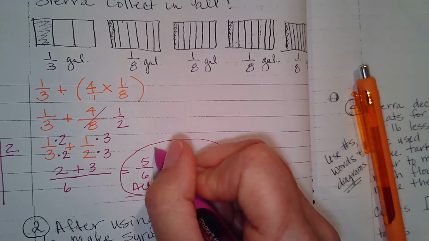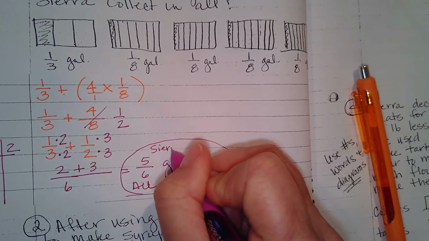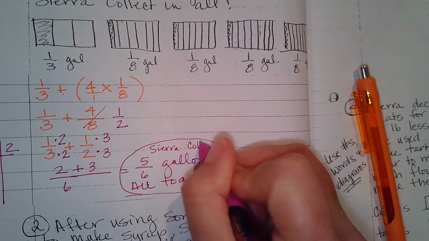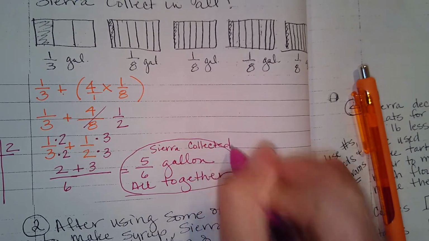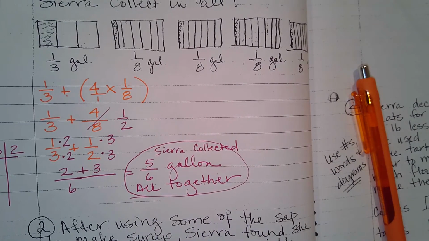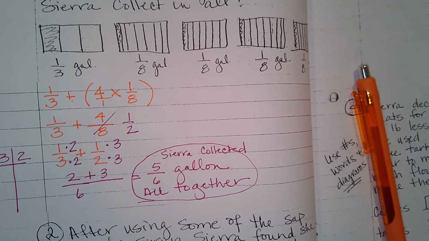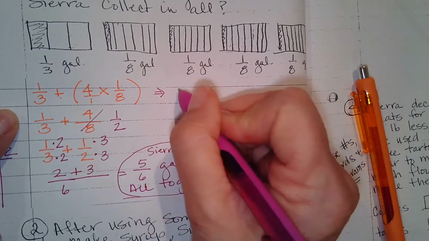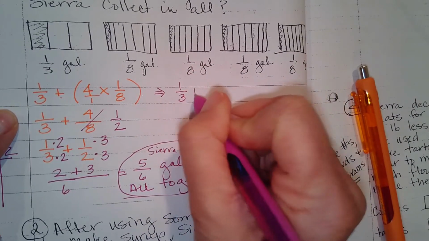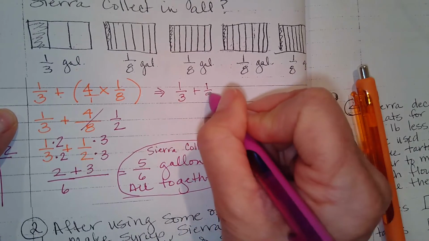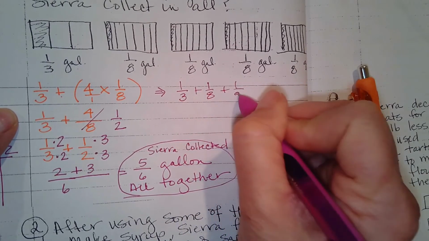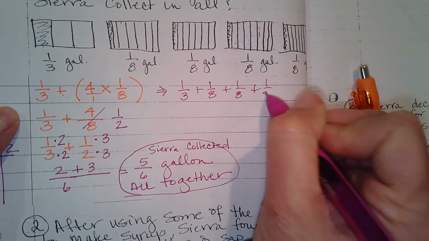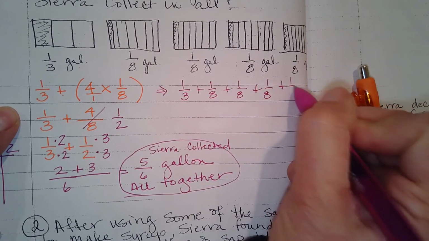Sierra collected 5/6 gallon all together. All right, that wasn't too hard. Let me just bring up, remember, this is 1/3 plus 1/8 plus 1/8 plus 1/8 plus 1/8, right?